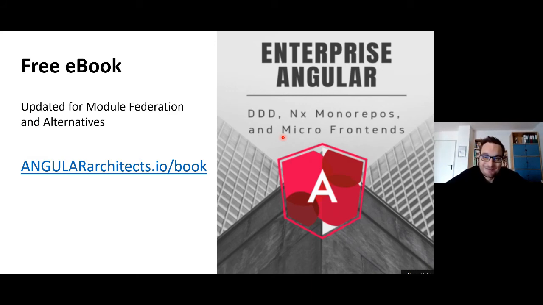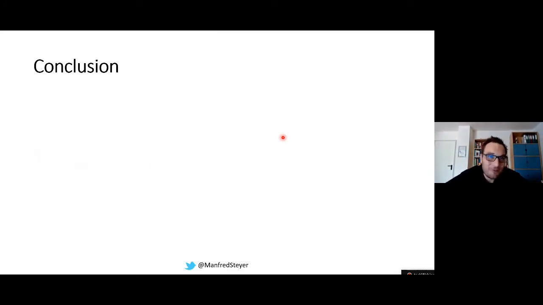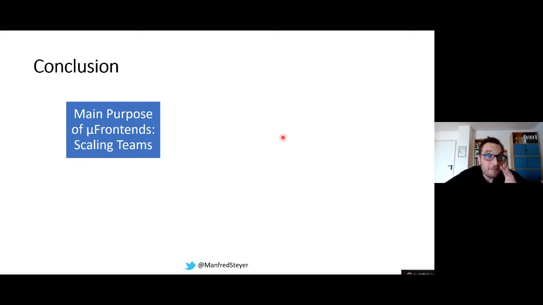Okay, let me come to a conclusion. We have seen the main purpose of all of this is scaling teams. That means you need to have more than one team to make sense out of this. More than one internal team or more than one external team providing things like tasks for your workflow system.